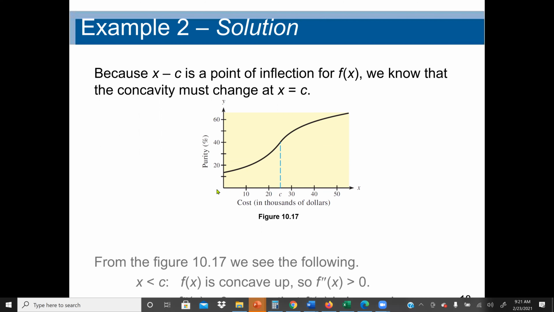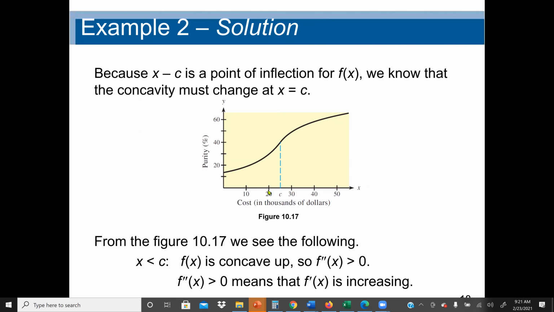So from the figure here, if X is less than C, then F at X will be concave up because the first derivative will be greater than 0. Because X is less than C, to the left, we can see there's more. In the previous example we did, the function is given to us.